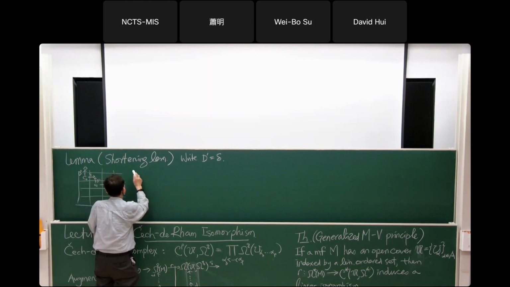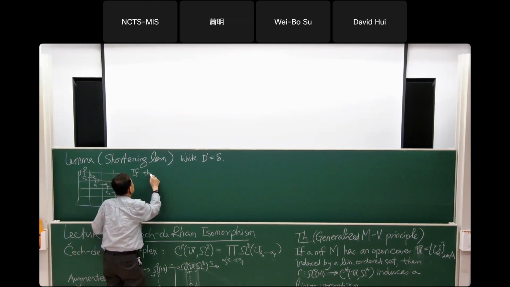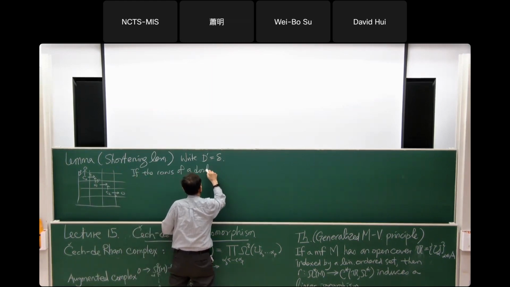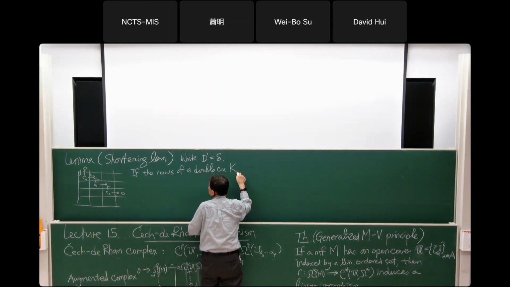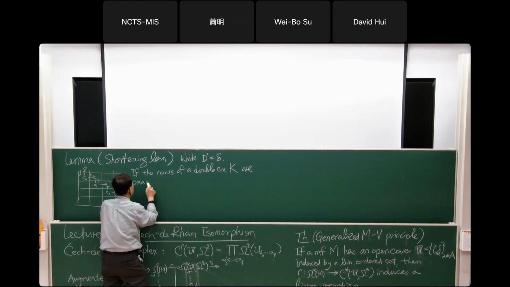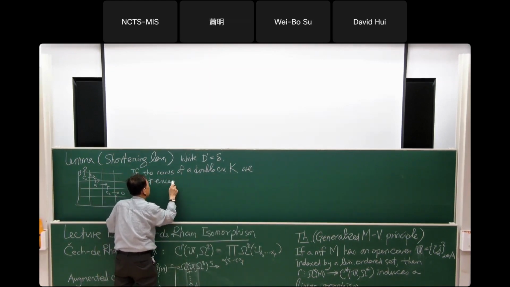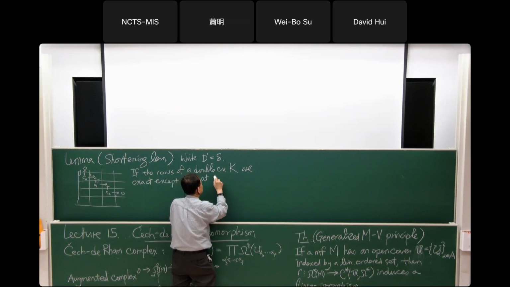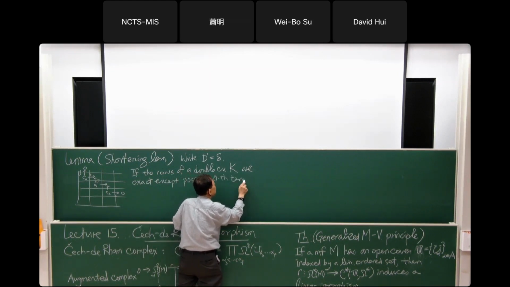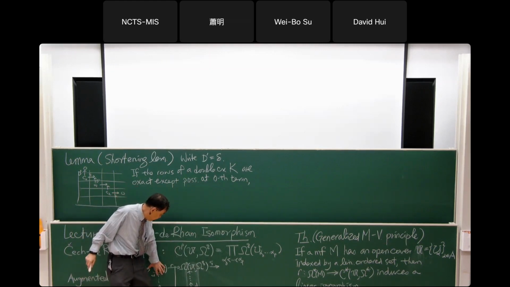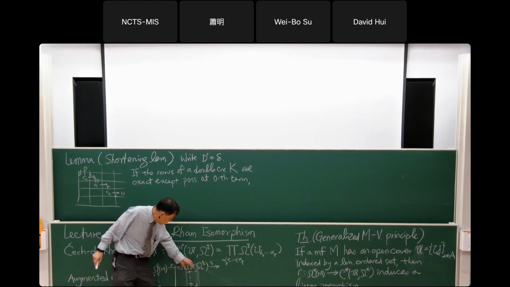The hypothesis is that the rows of a double complex K are exact except possibly at the 0th term. That's the situation we have here. Without this augmented column, the rows are exact except possibly at the 0th term.